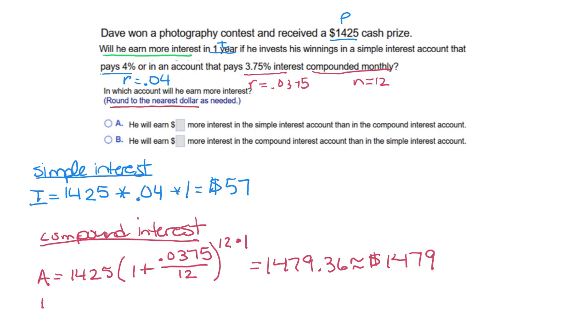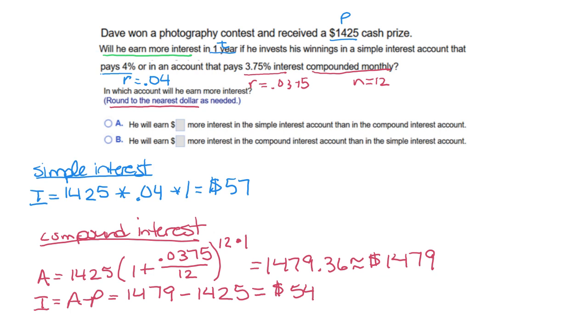So remember, interest is equal to the future value minus the principal amount. So A minus P. So $1,479 minus the principal, $1,425. So my interest amount here is $54.